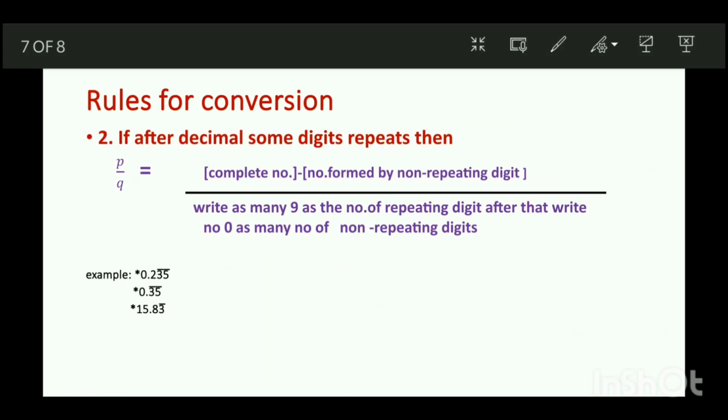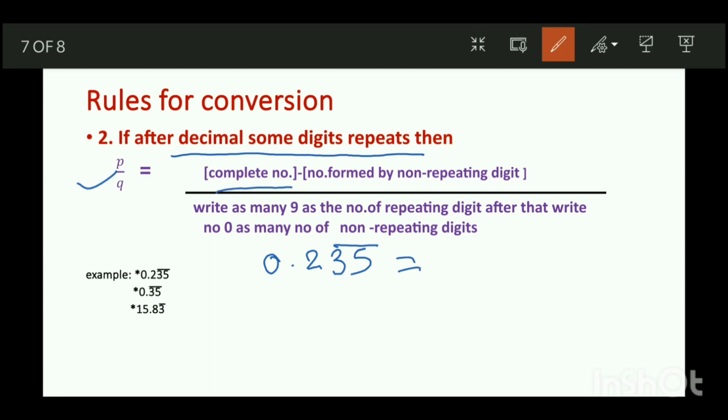Here we have a formula also. If after the decimal some digits repeat, means not all digits are repeating, we will take the same example, where 2 is not repeating and 35 is repeating. So we will write this in the form of p by q. First we will write the complete number, means 235, minus the number formed by the non-repeating digit.